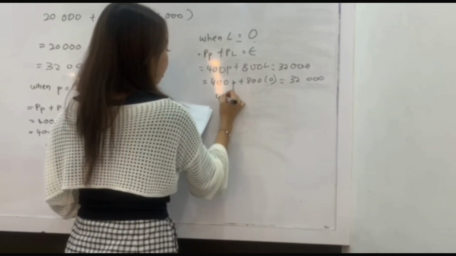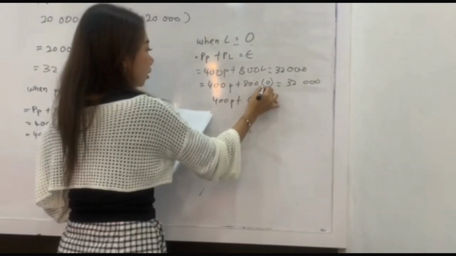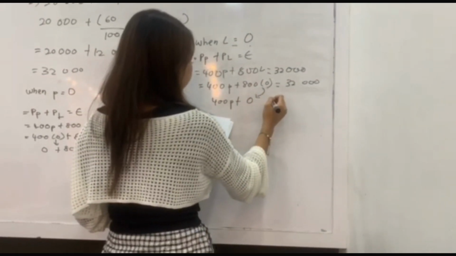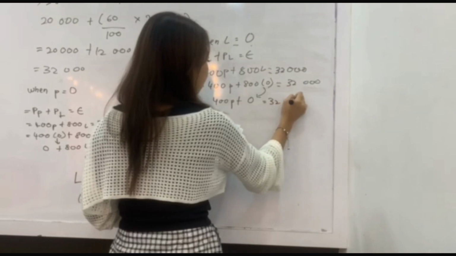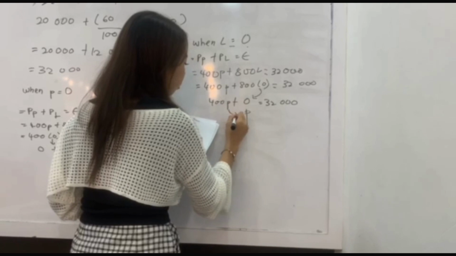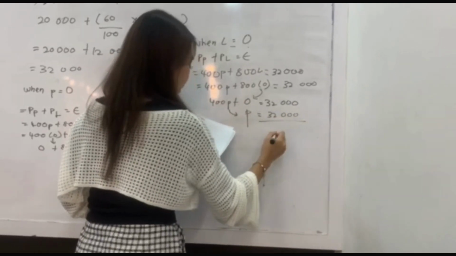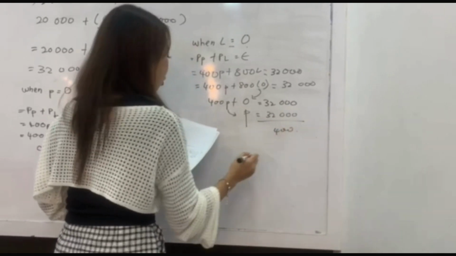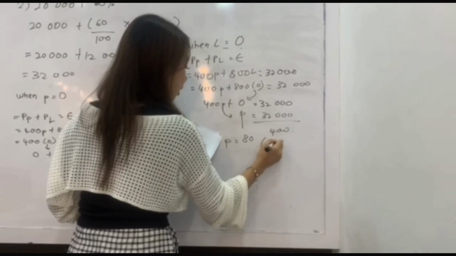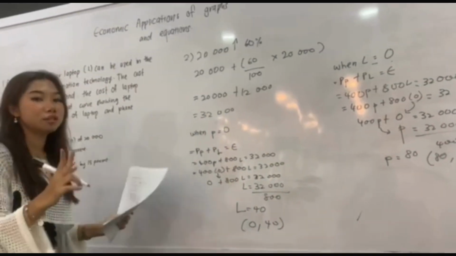So 400P plus 0, we just turunkan 0, dan turunkan 800, and we get 32,000. So turunkan P, 32,000 divide 400. So we get P 80 and open the bracket, which is (80, 0). So that's for the question 2.